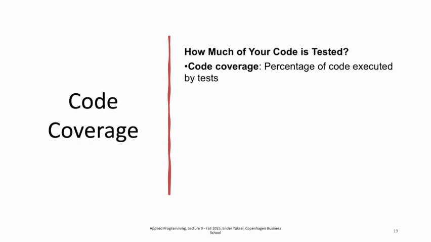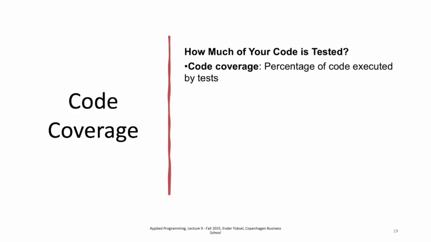It's critical code that handles real money. If your tests only execute 30% of that code, it means 70% of your payment logic is completely untested. That's risky. You could have bugs in that untested code that only appear in production when customers are trying to pay you.